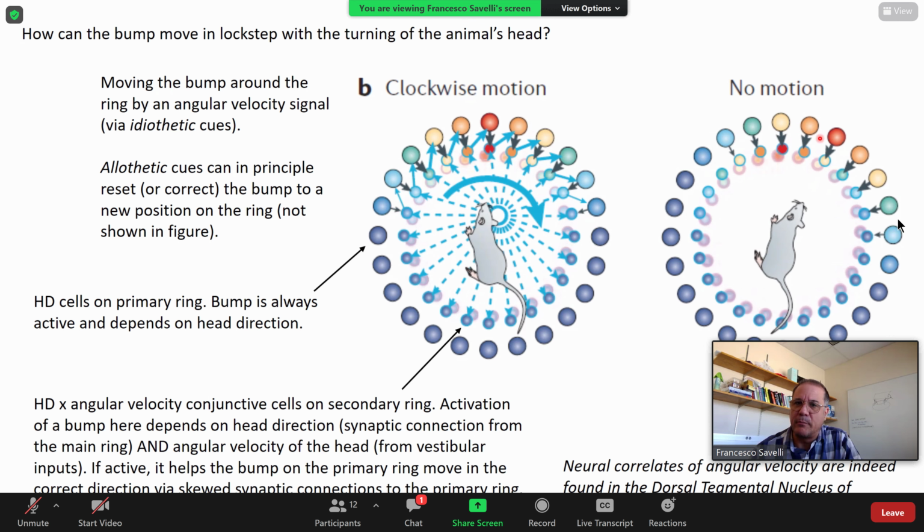What this model predicts is that there should be cells, as I already said, that are not just pure head direction cells, but head direction cells that have this additional sensitivity to angular velocity. And those indeed exist.